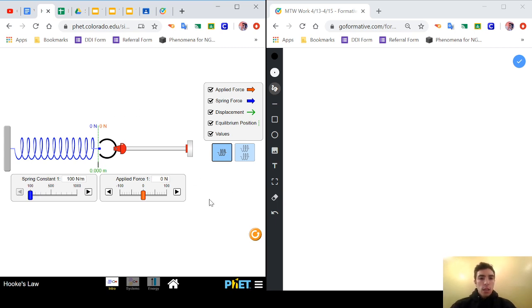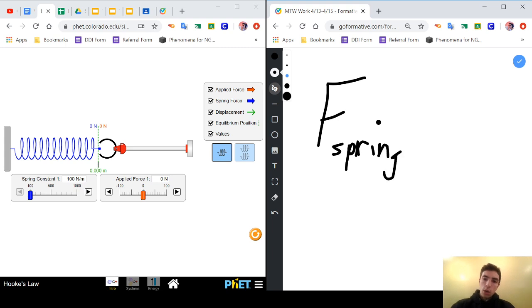And then the overarching law here, called Hooke's law, that's going to be our mathematical model that works pretty well to describe springs. And it's the equation for a spring force, and that's equal to negative kx.